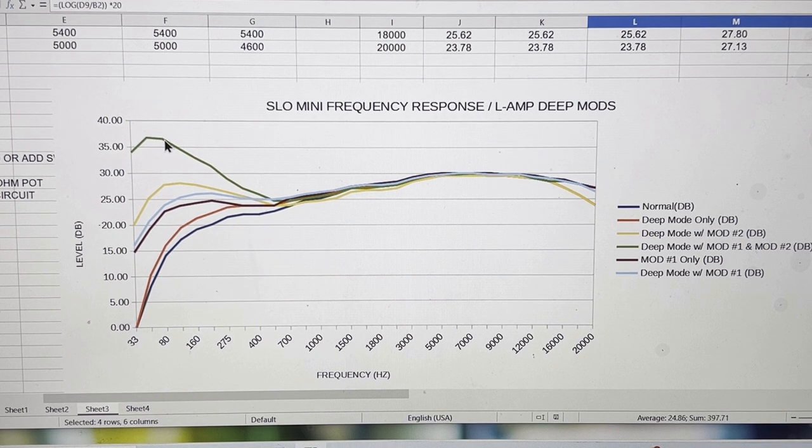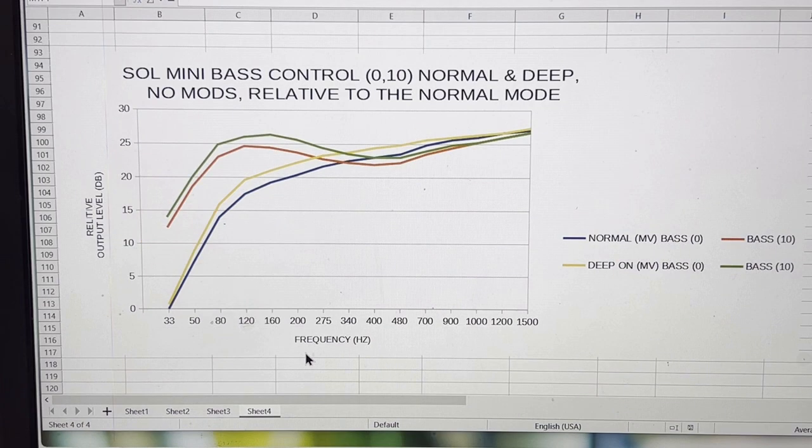So when the tone stacks are in the 12 o'clock position, we get about maximum of 37 dB in reference to the unmodded SLO Mini. There's the 0 dB.